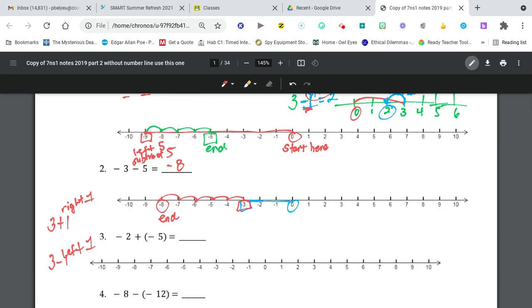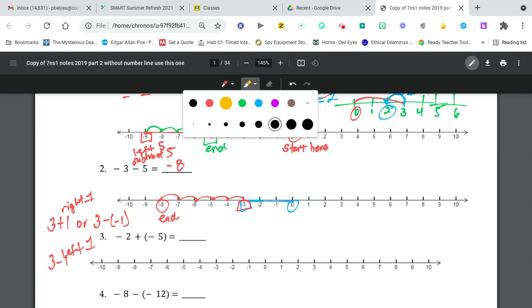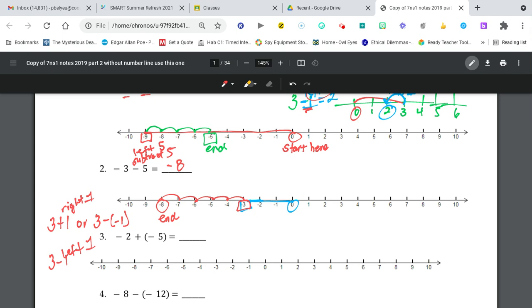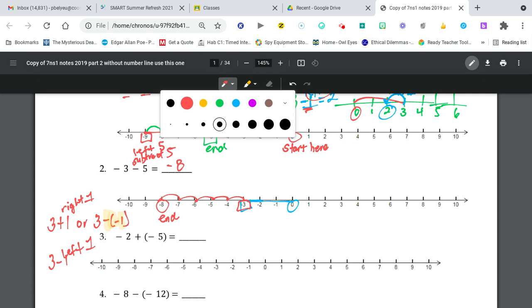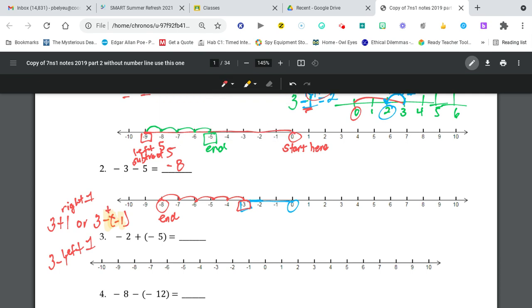If you see something that looks like this, where you have, and I'm going to highlight this part, minus or negative, minus or negative is the same as plus. So these two make a plus. So they're the same as this. So instead of keeping minus or negative, go ahead and write plus 1. So if you see minus or negative, that's also right.